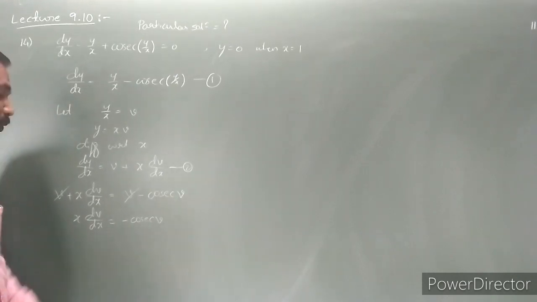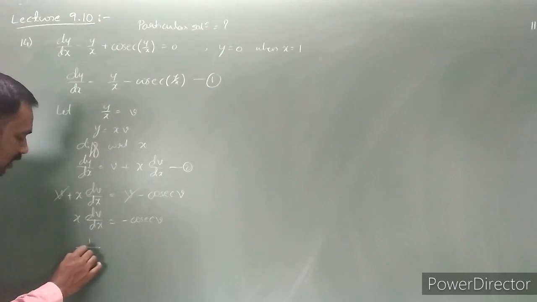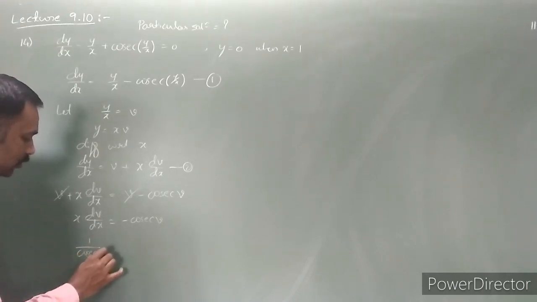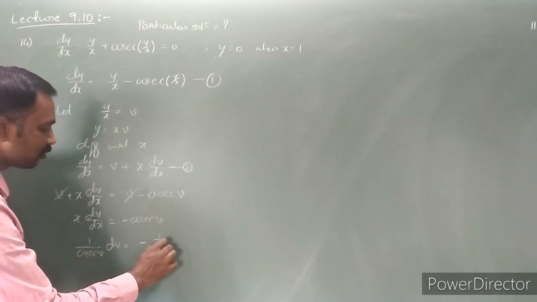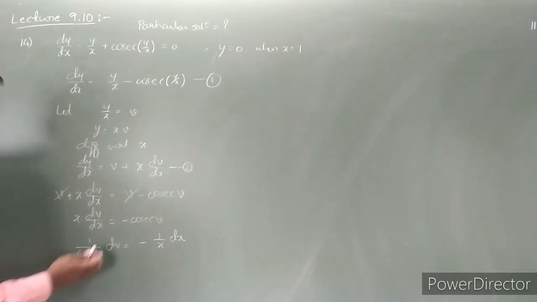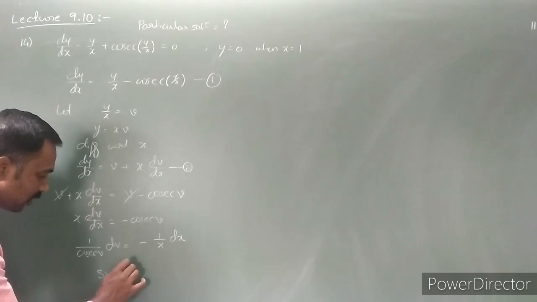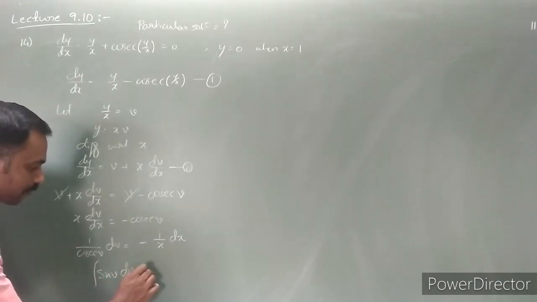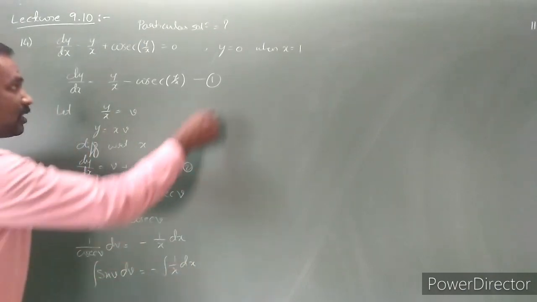Now separate the variables. How to separate? Cosec is taken to the left hand side: 1 divided by cosec of v into dv is equal to minus as it is, 1 by x into dx. Now integration. 1 by cosec is nothing but sine of v into dv, integrated, is equal to minus the integration of 1 by x into dx.